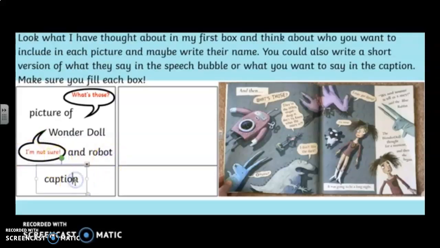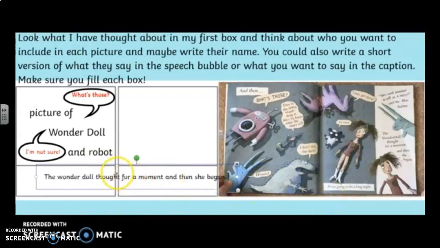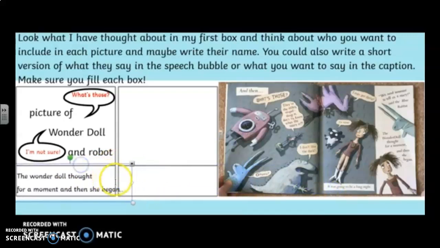Okay, and then my caption will be something like, "The Wonder Doll thought for a moment, and then she began." Okay, so as you can see, I've just taken that from here.